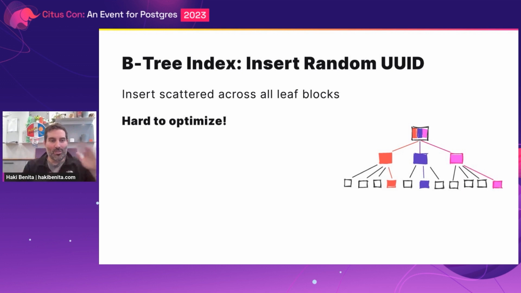So because we are inserting data into all different blocks in the index, it's much harder for the database to optimize. So we can say that from an inserting perspective, sortable UUIDs should be a bit better than the random UUID.